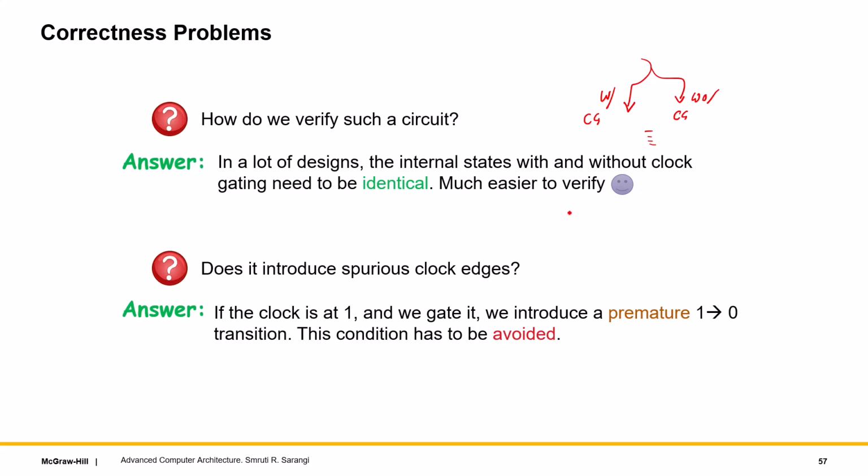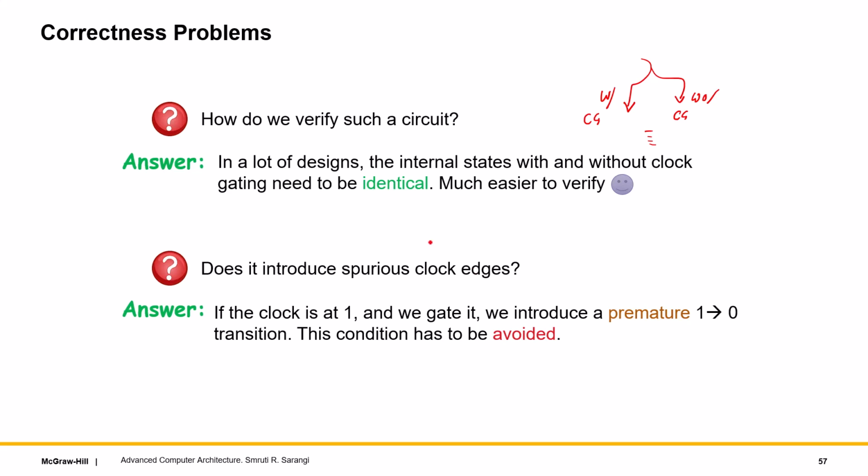Otherwise, verifying will become very difficult, and the internal state is going to become very difficult to verify. That's the reason you have to make conservative choices and say that, look, you can clock gate as much as you want, but anytime I verify, the state should be indistinguishable from the scenario in which there is no clock gating.